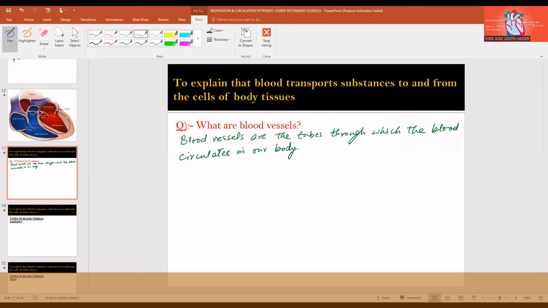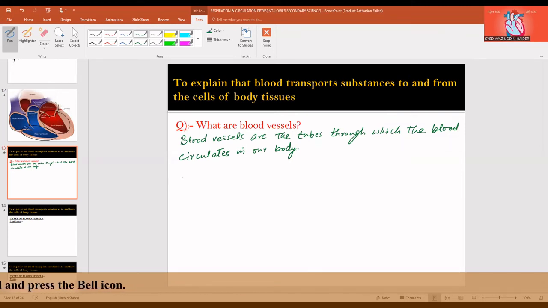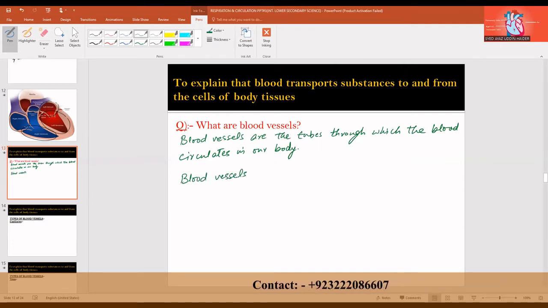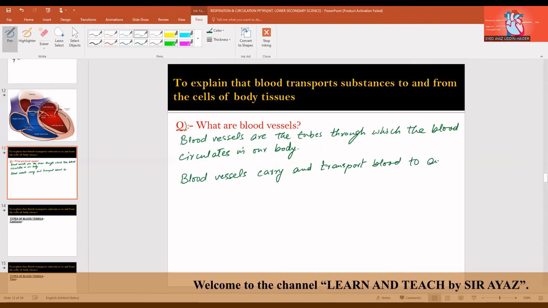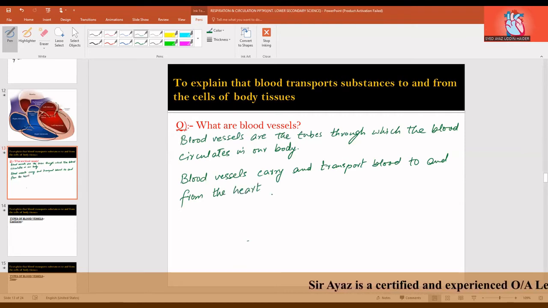It includes a network of arteries, capillaries, and veins. Blood vessels carry and transport blood to and from the heart to different parts of the human body.